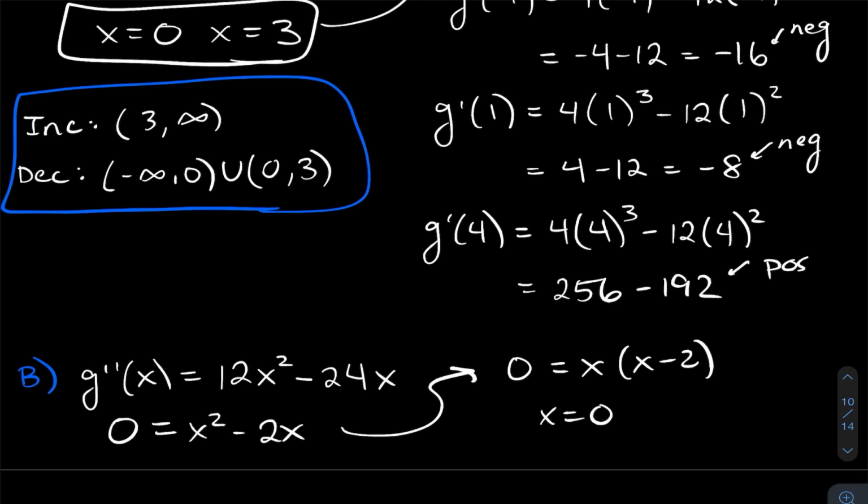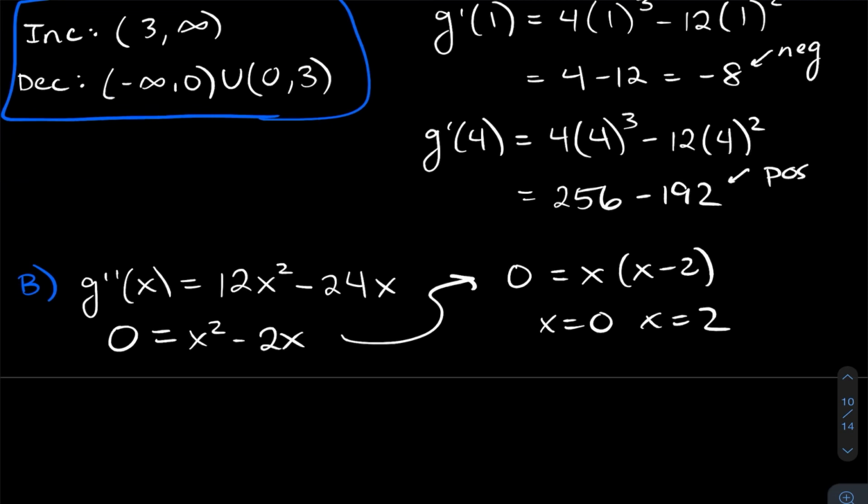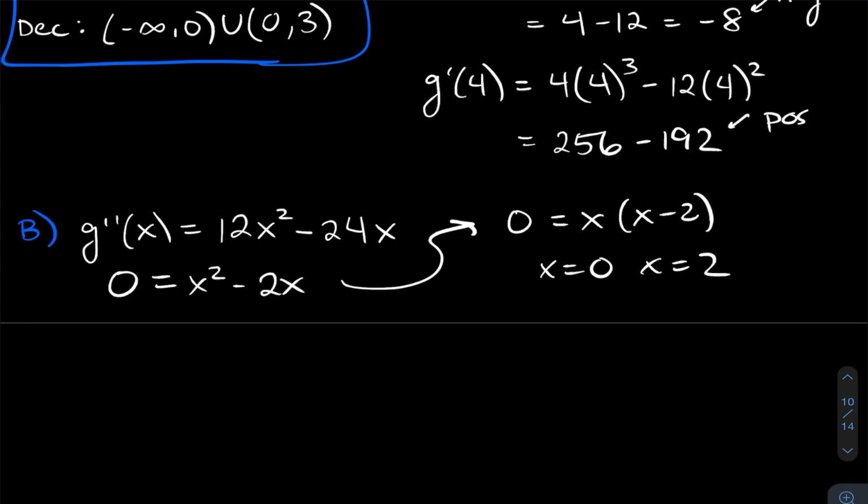We get x is equal to 0, x is equal to 2. That's our second derivative critical numbers, right? These are the possible places where we could end up getting an inflection point. But at least we'll be able to tell at this point where we are concave up and concave down.